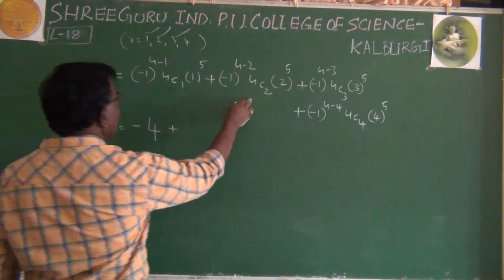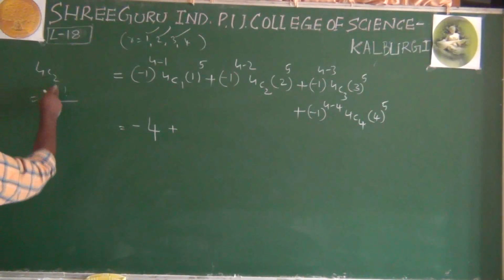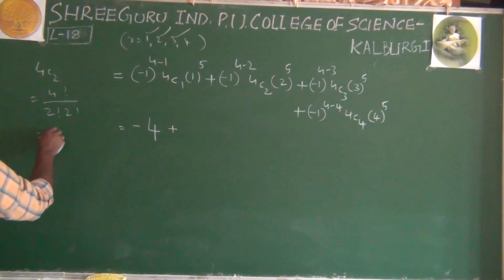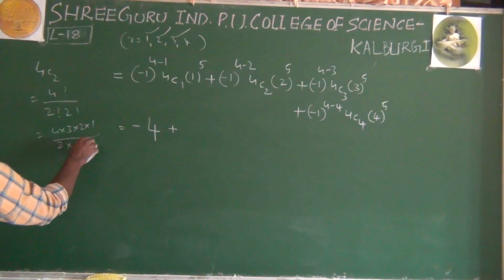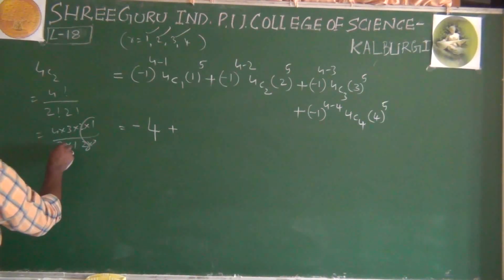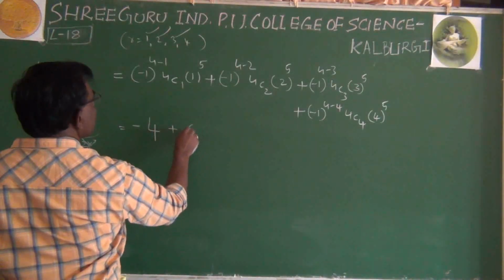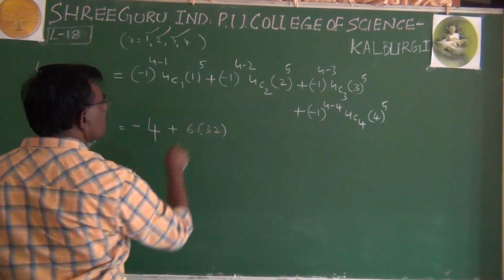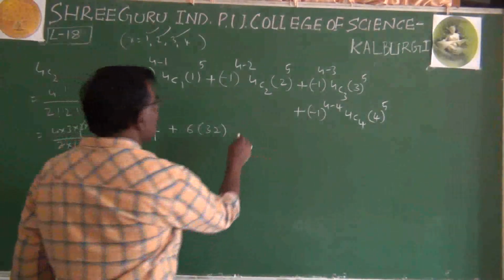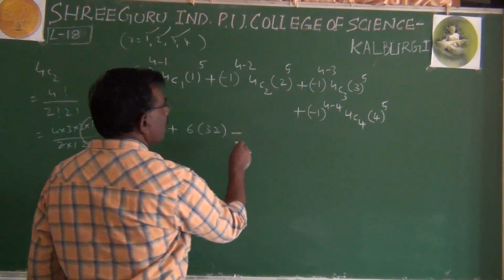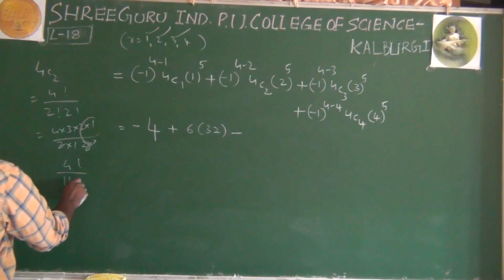Plus 4c2. Calculate 4c2: 4 factorial by 2 factorial 2 factorial, that is 4 times 3 times 2 over 2 times 1 times 2, and the factorials cancel, so it is 6. So this one is 6 into 2 to the power 5, which is 32. Odd power gives minus, and 4c3 is 4 factorial by 1 factorial 3 factorial, which is 4.